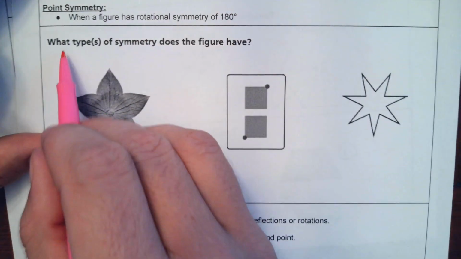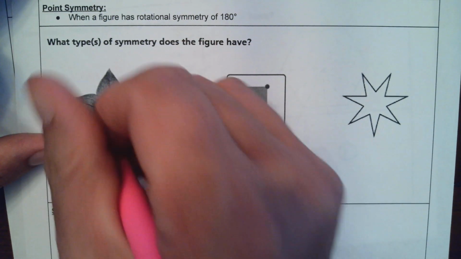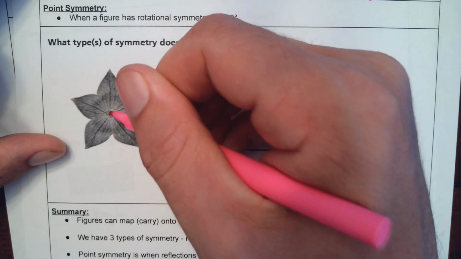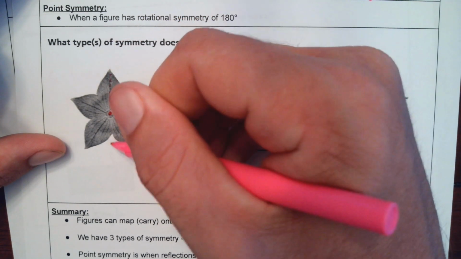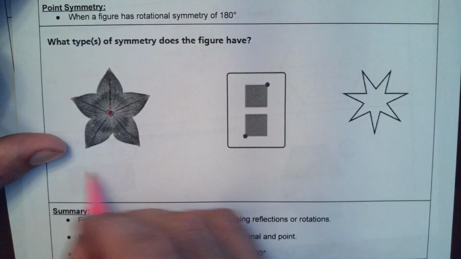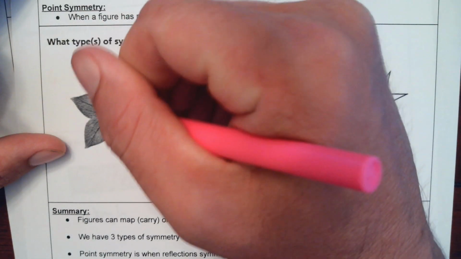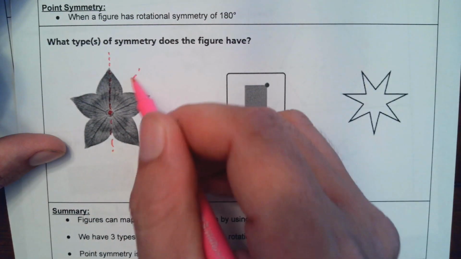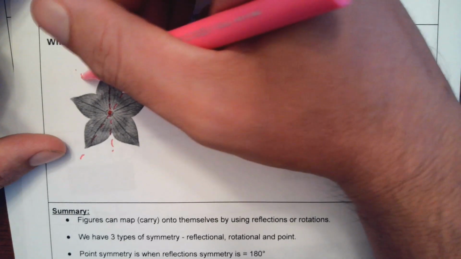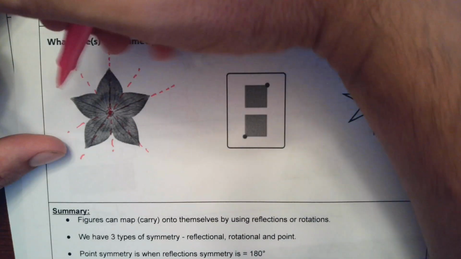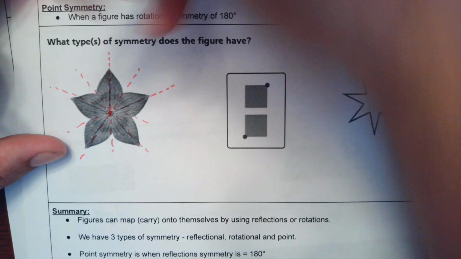So let's try. What types of symmetry does this one have? Well, let's try point first. If I go up, there's no point opposite. So point is no. But I do have line symmetry. So I got 1, 2, 3, 4, 5.